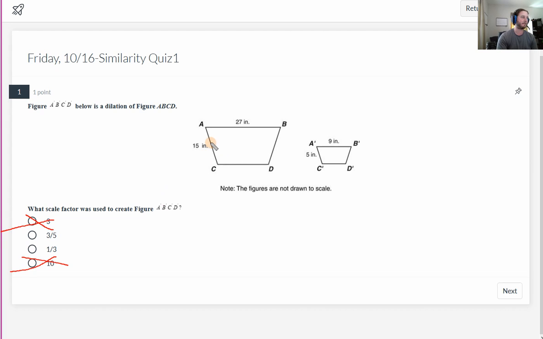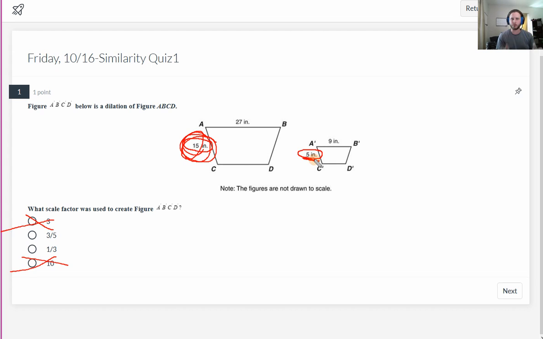But we do have some side lengths to go off of. So I'm just going to choose the smaller number because those are typically easier to work with. Somehow we went from 15 inches to 5 inches. Now, to dumb down what a scale factor is, all the way to its base principles, you're figuring out what do I multiply the original number by to get the new number.